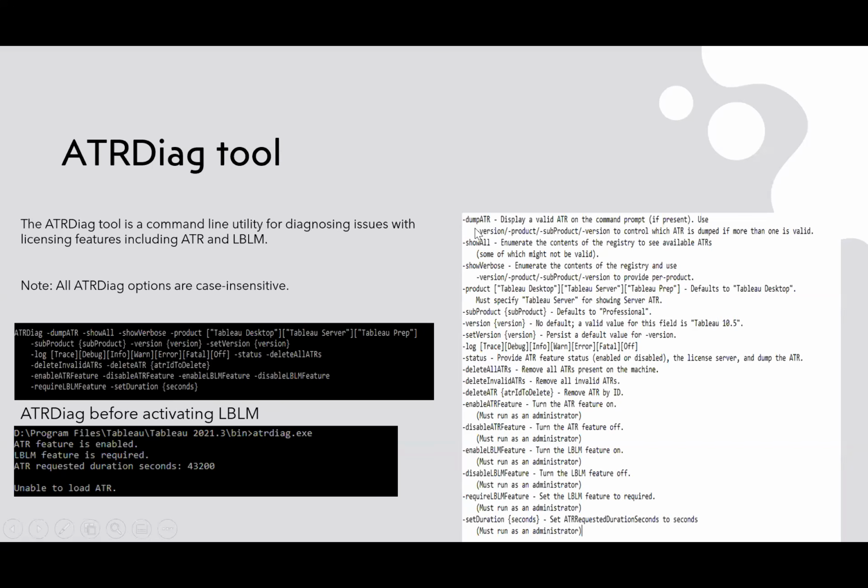So you can use all these parameters. For example, if I want to delete the invalid ATRs, then I can use this delete invalid ATRs option and delete all those sessions. That will be the advantage with AtrDiag. So as we have seen AtrDiag before activating the LBLM, let me go to the next slide.